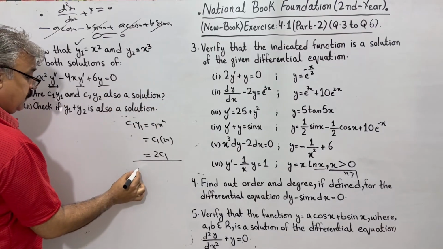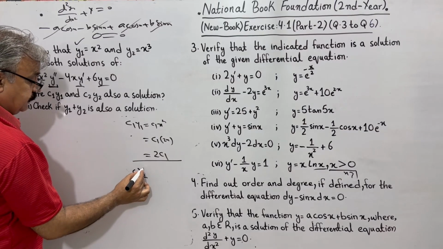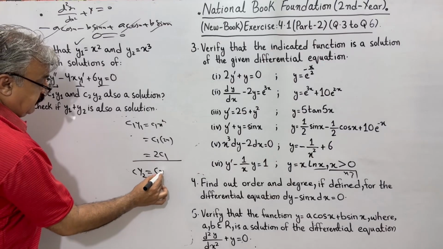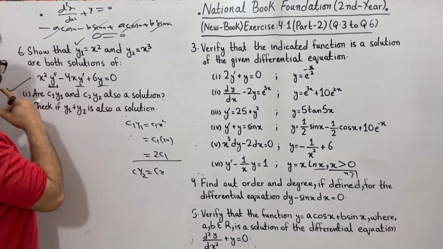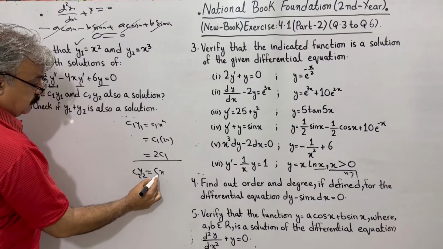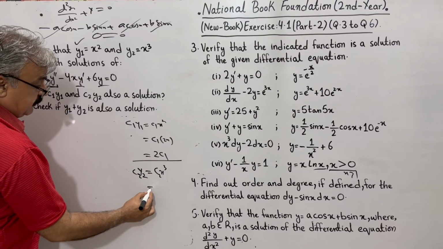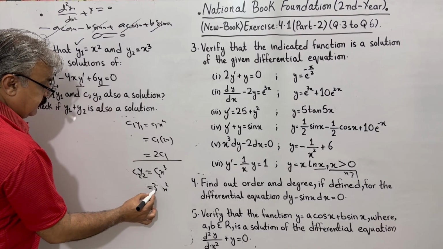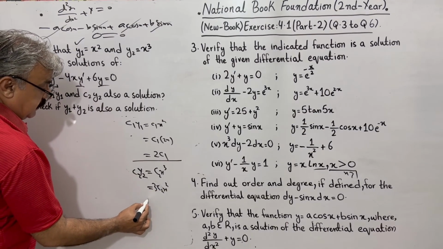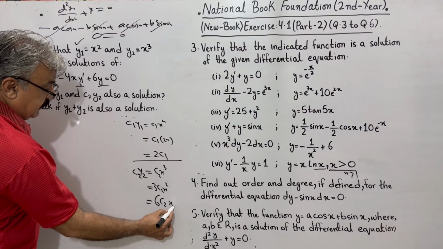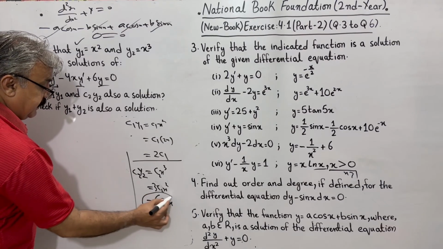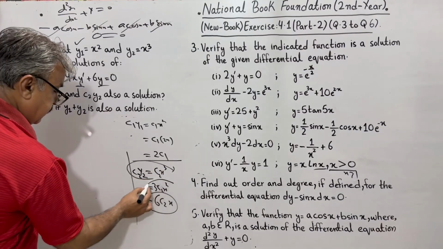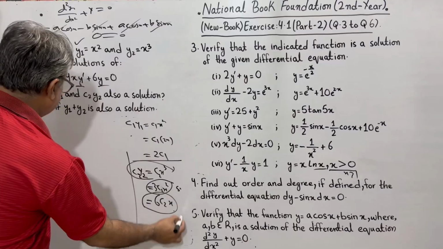Similarly, C2 y2 is equal to C2 x cube. Differentiating, we get 3 times C2 x square first, then 6 times C2 x. This is the single derivative and this is the double derivative.